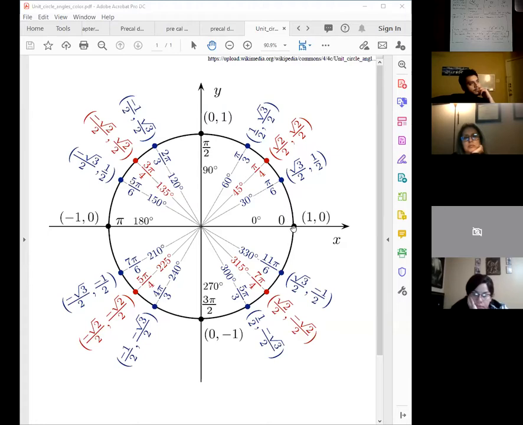But if they ask you the arc length when I sweep all the way over here, and I have a radius of 2, so this circle is twice as big, what is the distance traveled around the circle? That's what arc length means. We'll do examples of that in a moment.